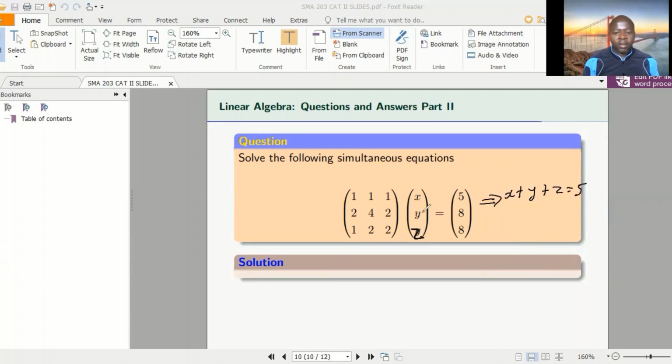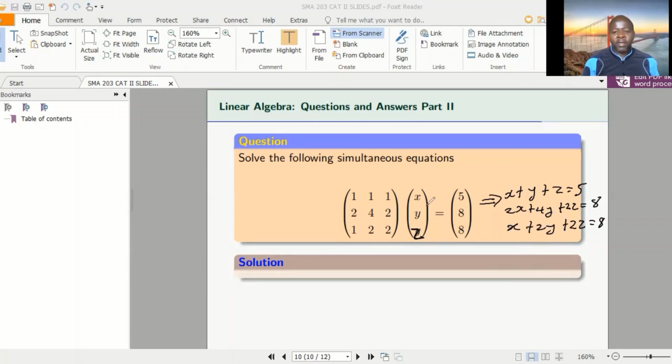This row and this column, I would have 2x plus 4y plus 2z is 8. This row and that column, I would have x plus 2y plus 2z is 8. So this is the same as this.